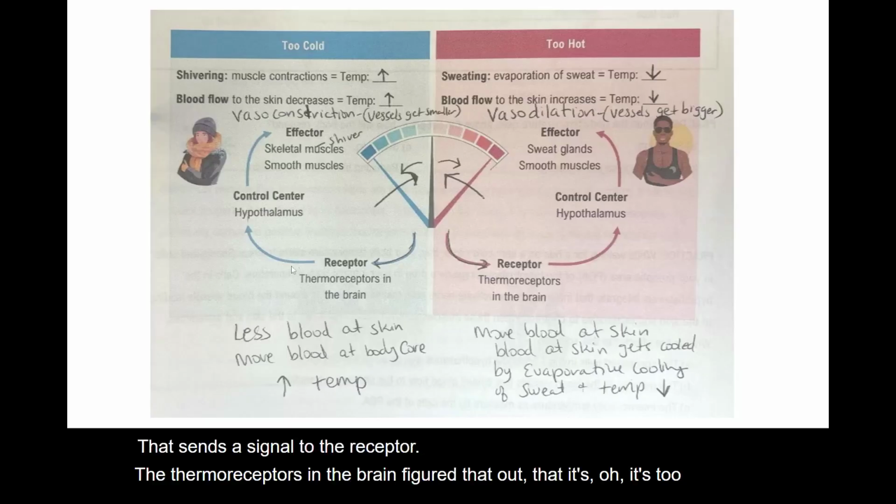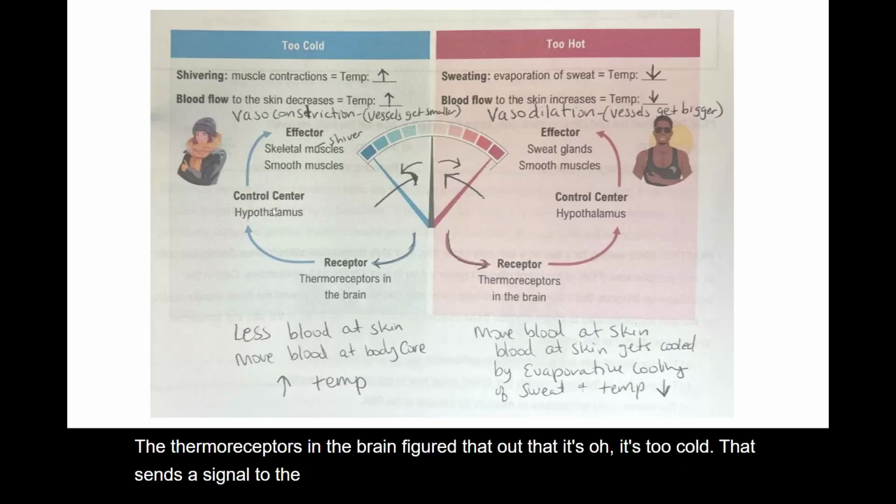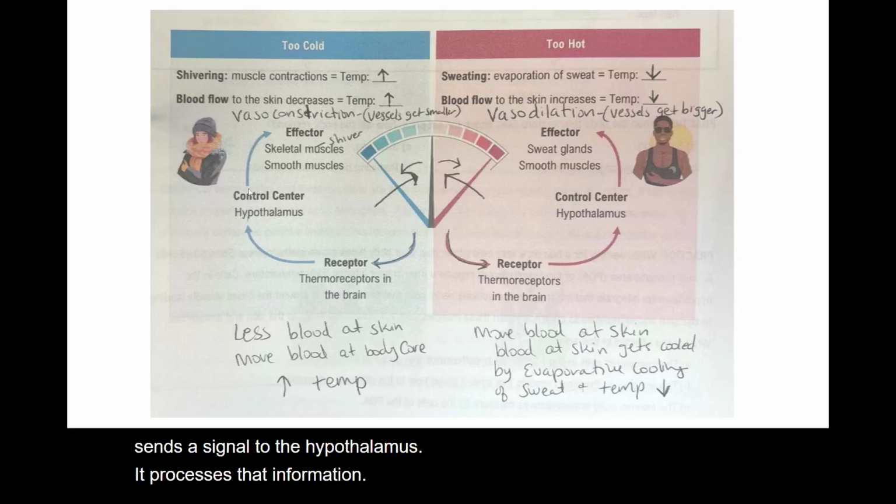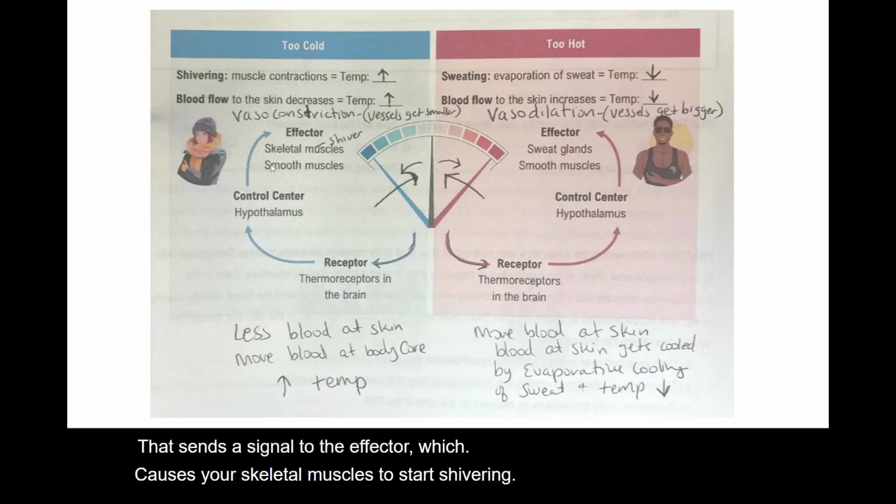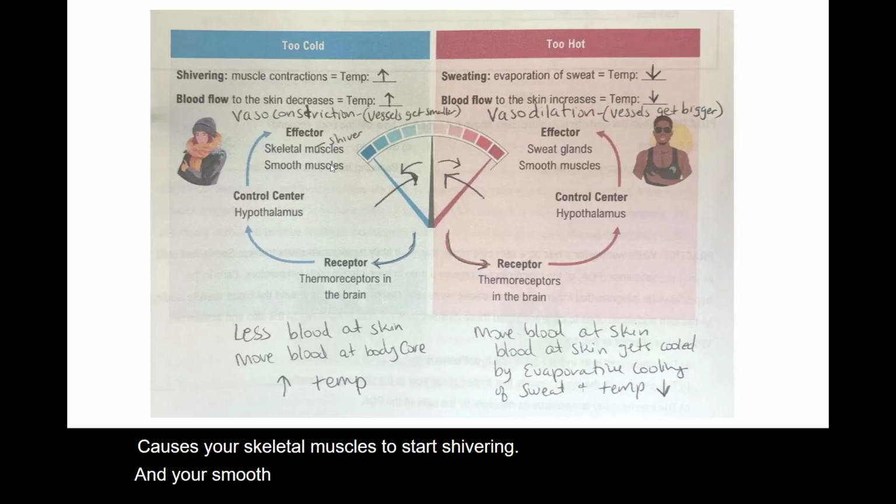That sends a signal to the hypothalamus. It processes that information. That sends a signal to the effector, which causes your skeletal muscles to start shivering. And your smooth muscles will cause your blood vessels to get smaller.